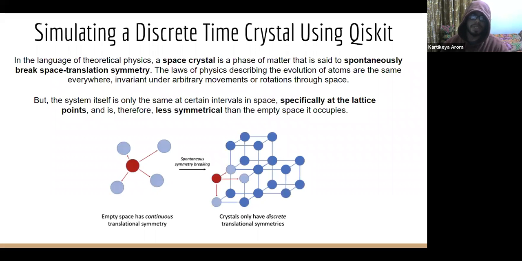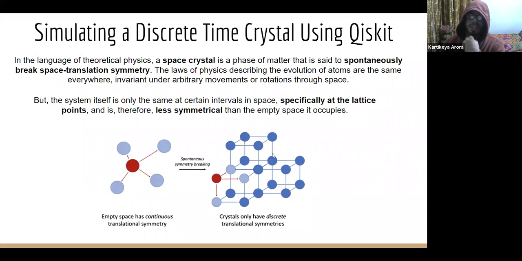But in some systems, especially crystals, this space translational symmetry does not always hold true. Let's consider a free particle in space. We can do experiments on this particle at a position here or somewhere in between these two places, and we expect to get the same results.